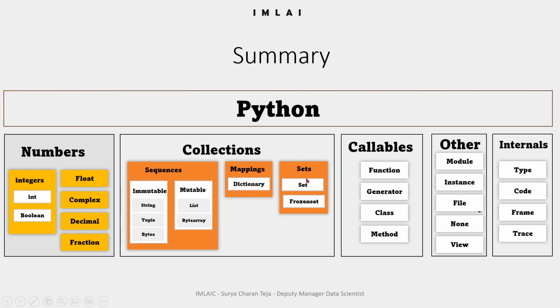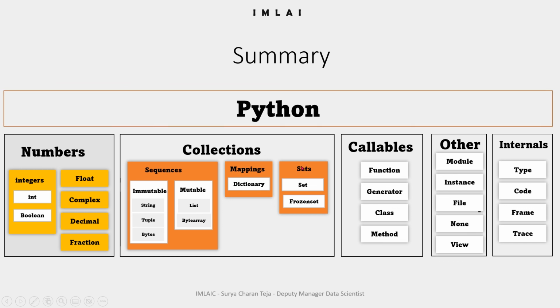Next, the final type of container to collect items is sets. These containers take only unique items, which are unordered but mutable.